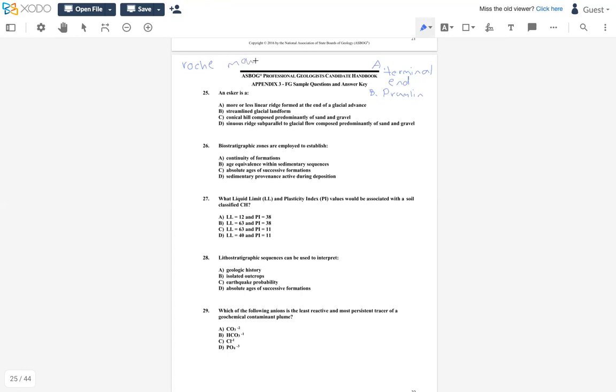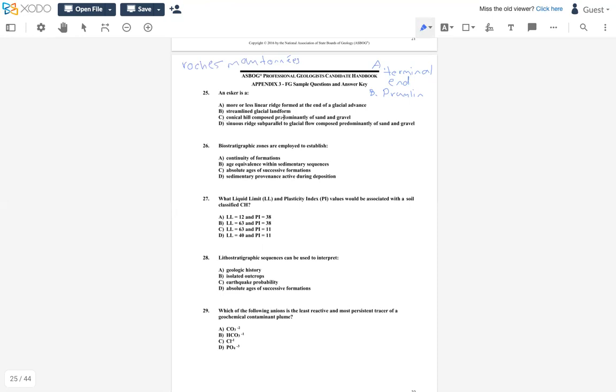I think there's an accent right there. Maybe there's an extra E. Unclear, but it looks something like that, roche moutonnée. And those roche moutonnées and drumlins usually occur in a very similar environment and are associated with each other.